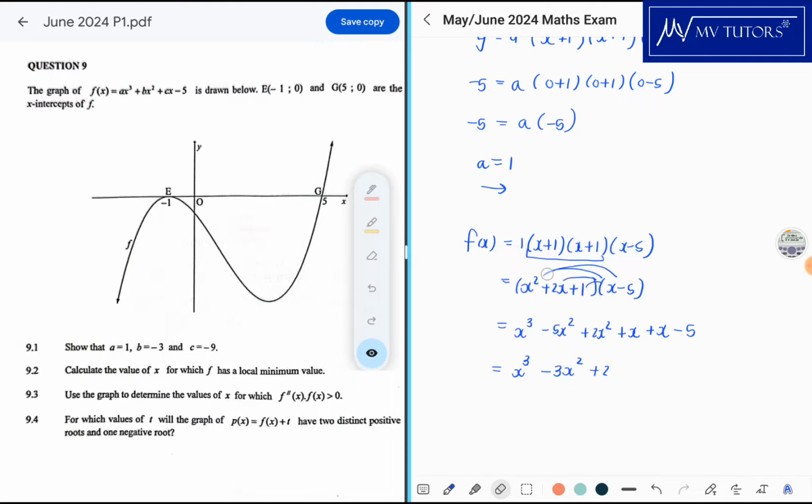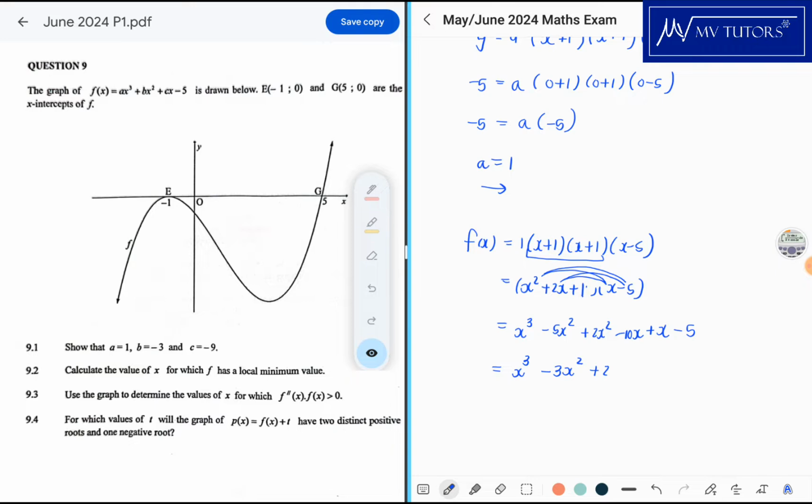So what did I do? Okay. Let's see. So this is x cubed minus 5x squared, right? And then we have 2x squared minus 10x.